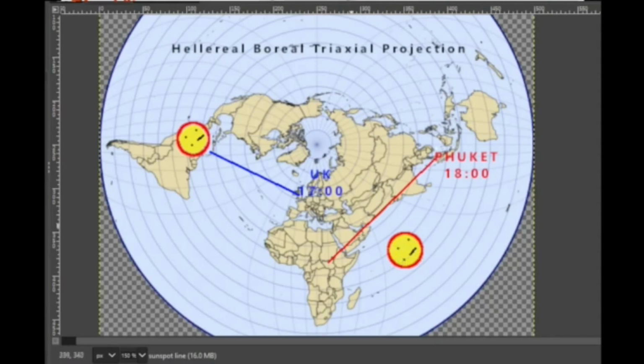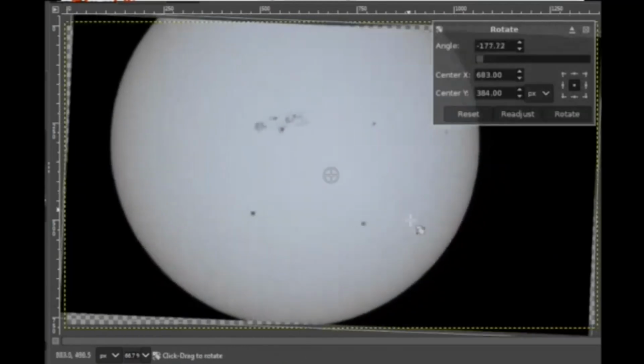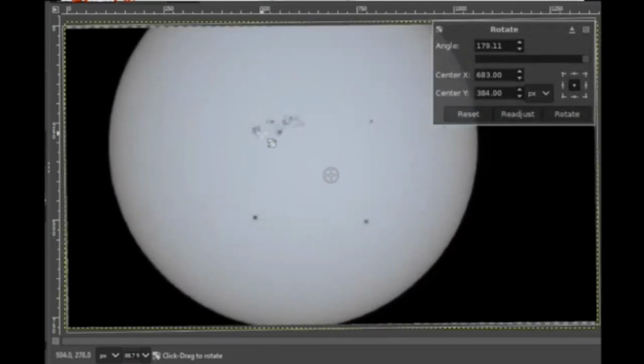And if you remember when we looked at that on this one and we went back 180 degrees, let me just do that now, we had that cluster of sunspots on the top left, okay? So as I said, this would be the view of the sun as seen from the UK early in the morning, possibly sunrise or maybe even before, but obviously you wouldn't be able to see the sun yet then.